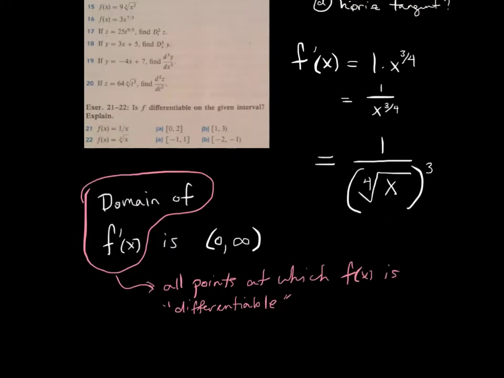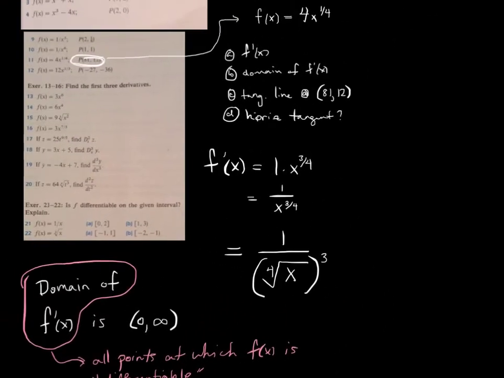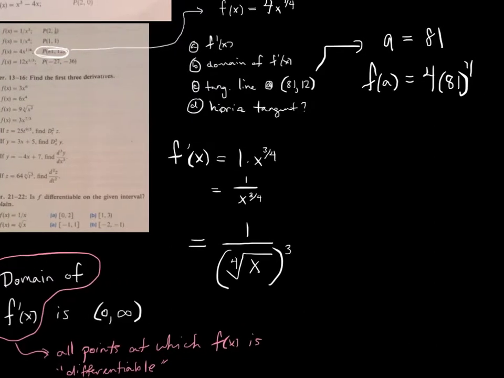Now, we had a tangent line assignment of some type. 81, 12, I believe. Yes, here it is. I need to find the tangent line where a equals 81 and f of a is 81 to the 1/4.